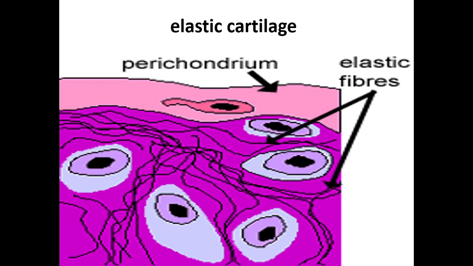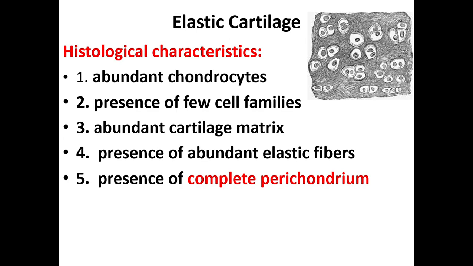So here we have an illustration of an elastic cartilage. Take note, in the ICS you can see the elastic fibers running in all directions. There is no proper direction of the elastic fibers.